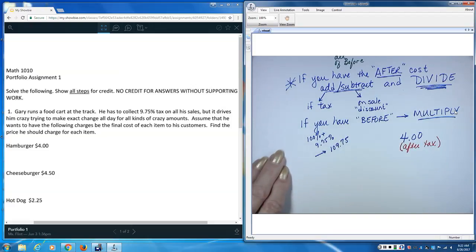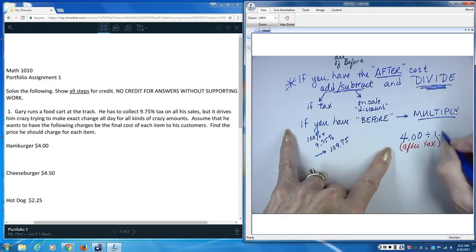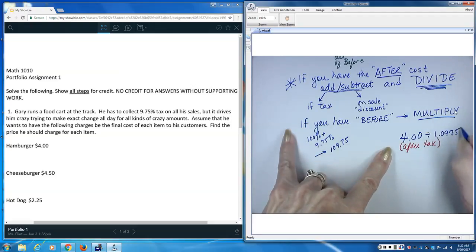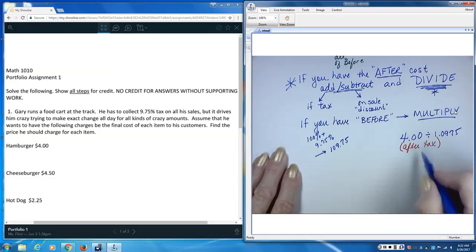That's 109.75. And I'm going to divide $4 by 1.0975. And the reason I'm dividing is because I have after.